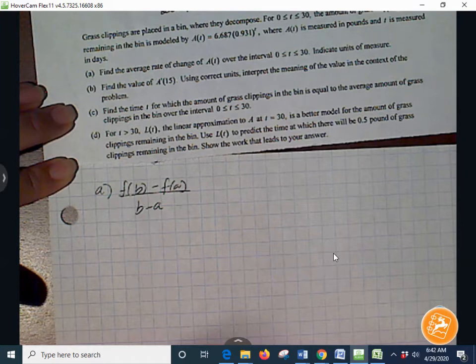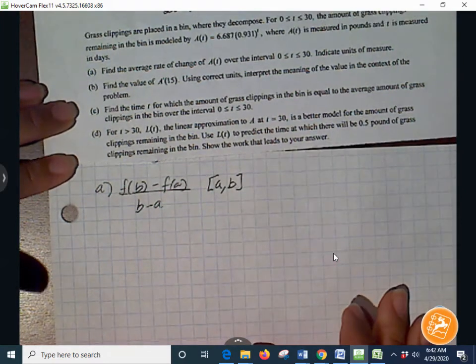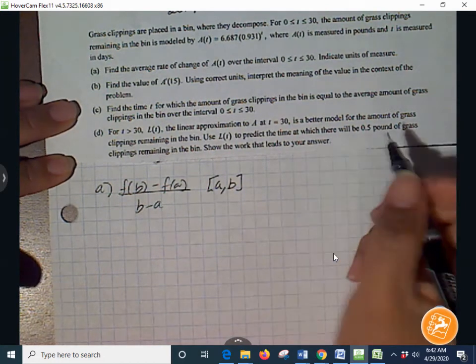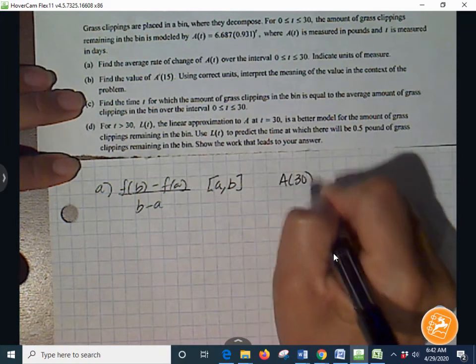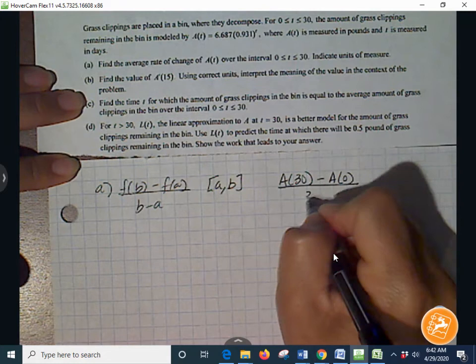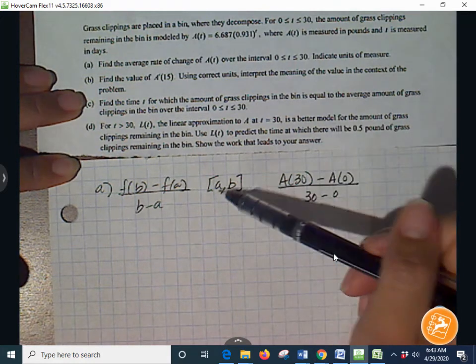That's the average rate of change for the interval a to b. So how would I transfer that to this problem? My function is A of t, so it's going to be A of 30 minus A of 0 all over 30 minus 0, because that's my interval, 0 to 30.